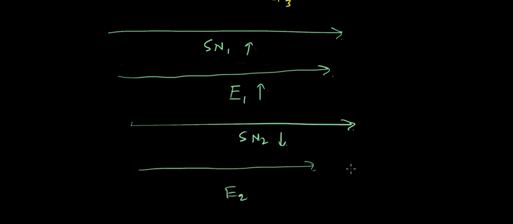Okay, and in that case also we need to compare the stability of the alkene formed. Hence the stability of the alkene increases because of the more number of alpha hydrogen in case of tertiary halide, then secondary halide, then primary halide.